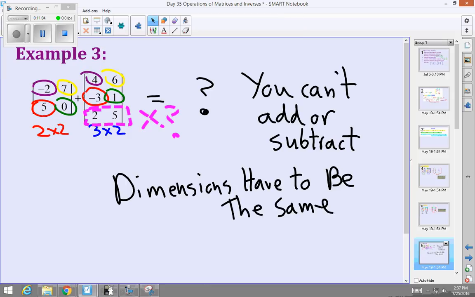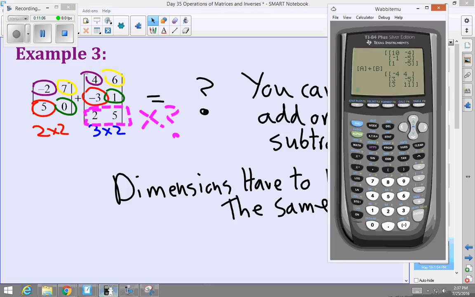Okay. Let me show you on the calculator what will happen. Let me just enter a new matrix as C. Now let's make this one 2 by 2. And let's say it's negative 2, 7, 5, 0. So if I tried to add, let's say C and A, the C guy plus the A guy, what happens is this: dim mismatch.